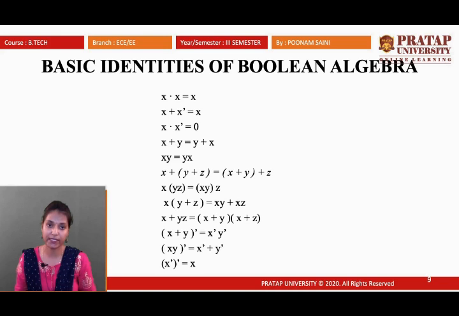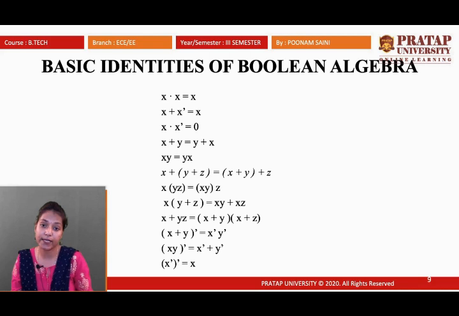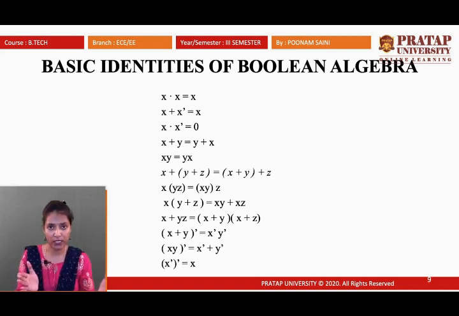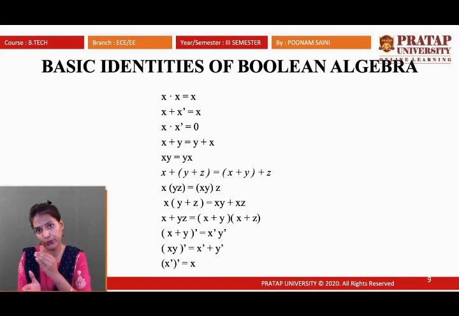Now these are some more basic identities of Boolean algebra: x dot x is equal to x. Let's take x is 0, so 0 dot 0 is equal to 0. And x plus x bar is equal to 1. X bar is the NOT gate, which means 0 is converted into 1 and 1 is inverted into 0.